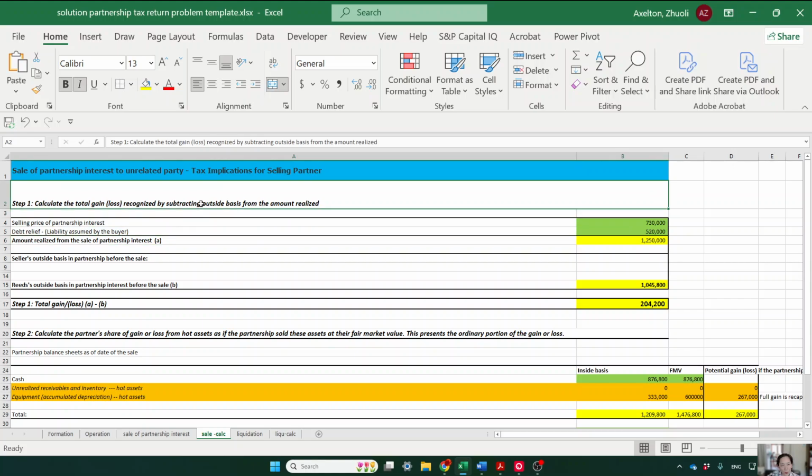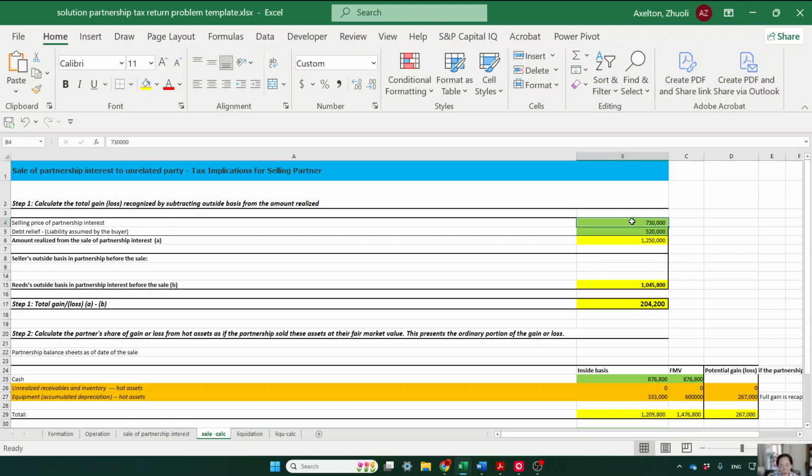So whenever we're dealing with a sale of partnership interest, the first step is to calculate the total gain or loss recognized. In this case, we're going to start with the amount realized from the sale of partnership interest, including the debt relief, because the debt is basically the partner's debt, $520,000. So basically, we're assuming nothing is paid. Still, it's $520,000.